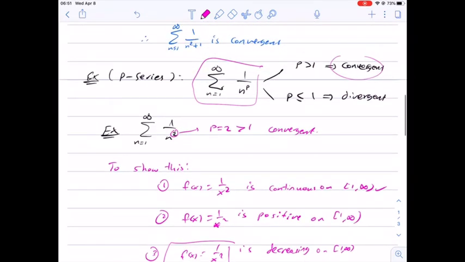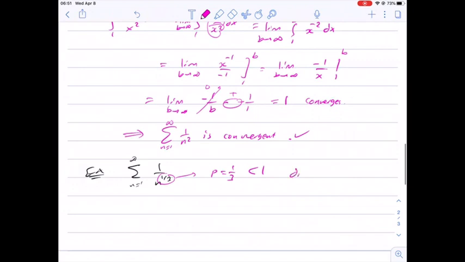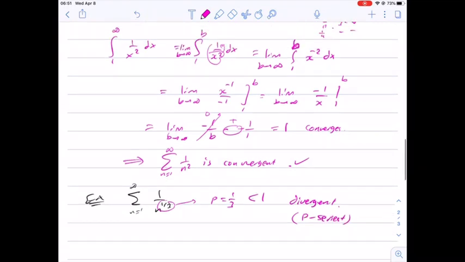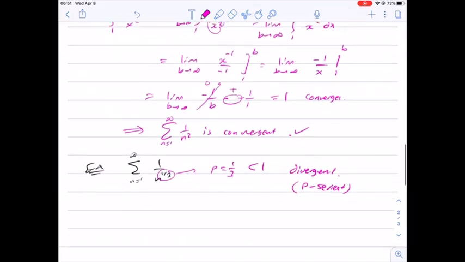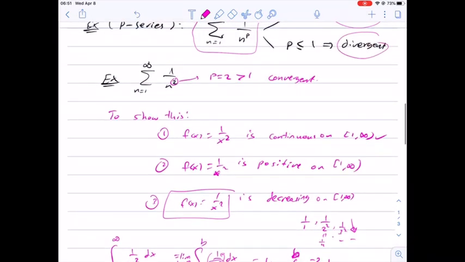Since it's less than 1, the series is divergent, because it's a p series. It's a good idea to write the reason here why it's divergent, and here as well, p series.